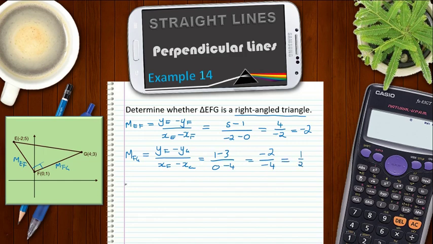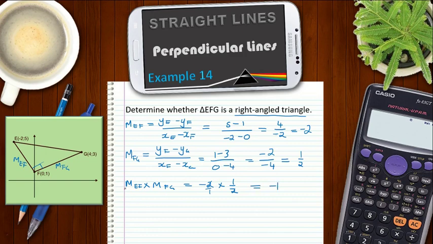Now let's see what is gradient of EF multiplied by gradient of FG. So I substitute in those values, I get -2 times a half. Now if this is over 1 and I multiply these two, this and this cancels, -1 times 1 is then -1.